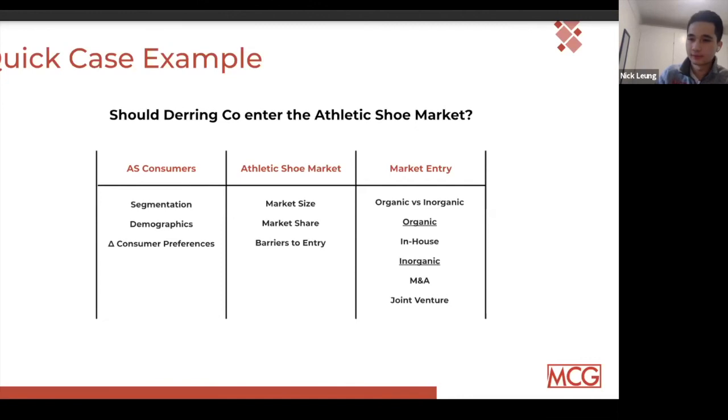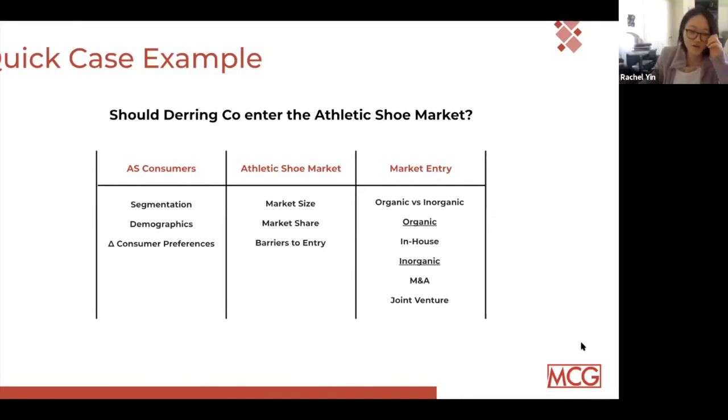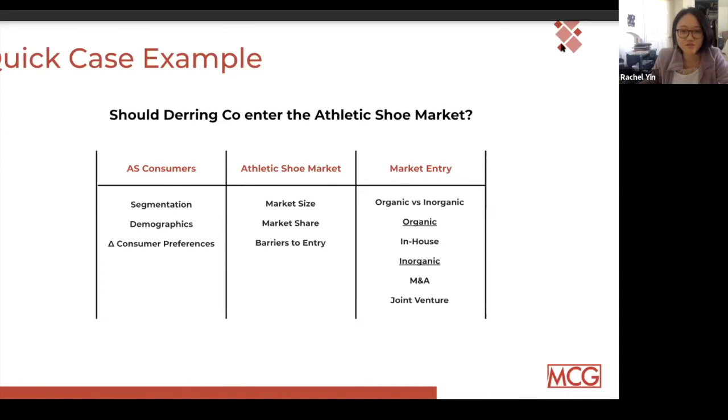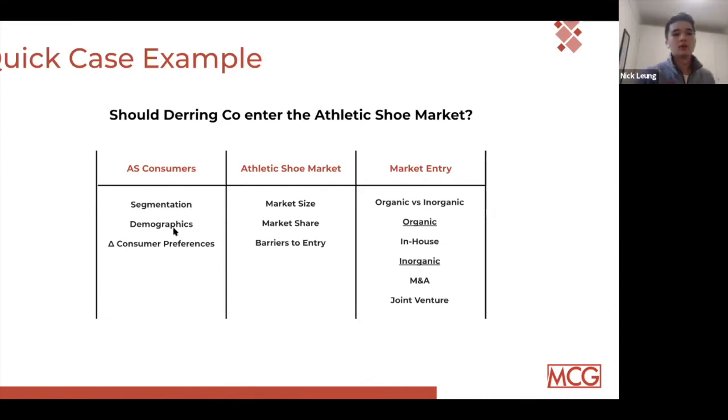Cool. Anyone else? I had a question about consumers. Can you explain what segmentation is? Right. Segmentation goes along with demographics. You can think about it as, for example, what percentage of consumers are targeting a certain athletic shoe.